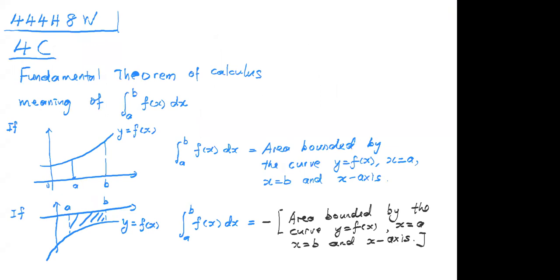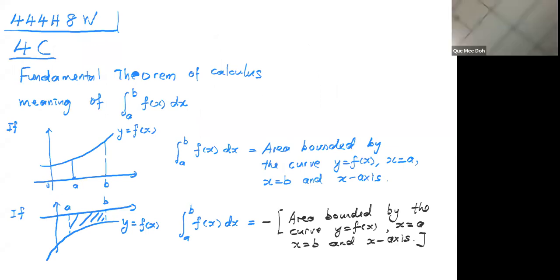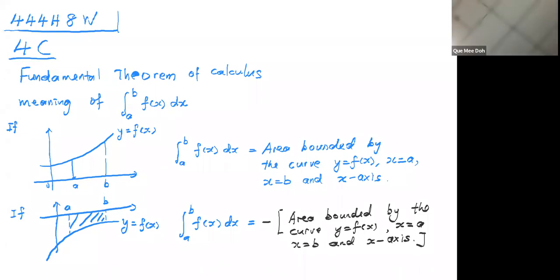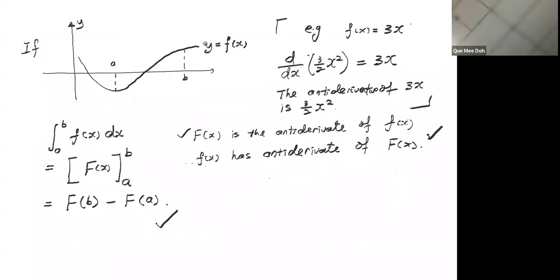If it's negative, if it's below the x-axis, you will negative the area. Are you okay? And if it is like that, then just merely that one, it doesn't find area. It's just mere calculation.